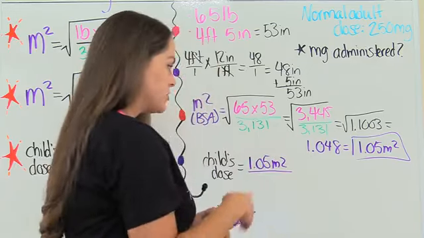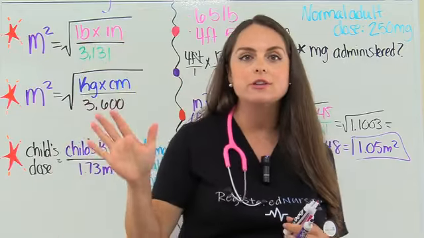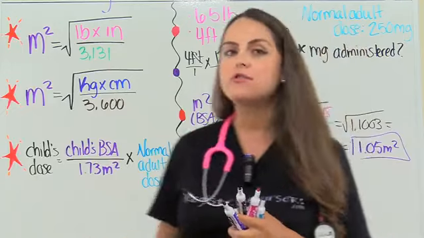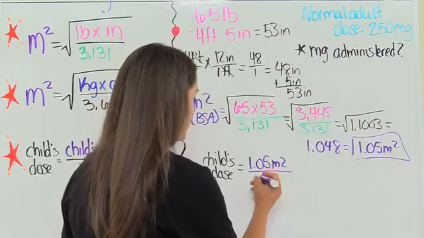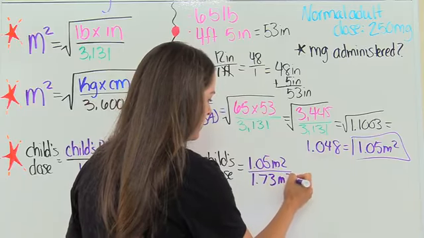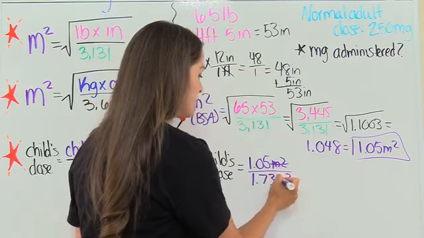Now that's that special number you just need to memorize, the average adult body surface area, 1.73 square meters. And then that's going to cancel out.